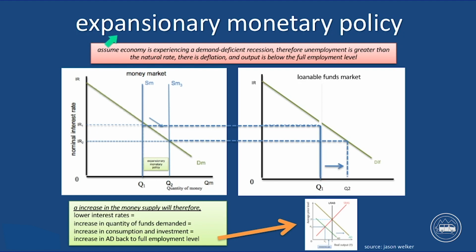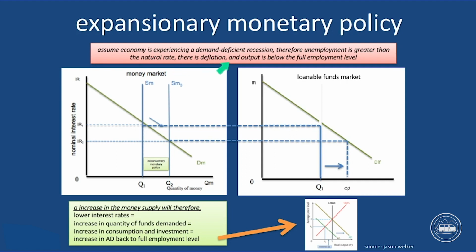Okay, so expansionary monetary policy. What is the assumption? We are going to assume that the economy is experiencing a demand-deficient recession, and therefore unemployment is greater than the natural rate. What have we always said? 8%.